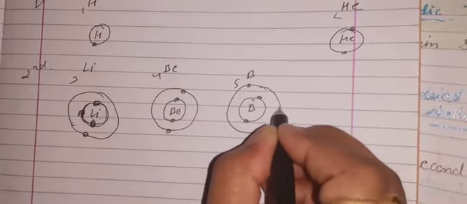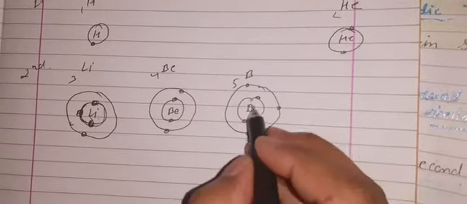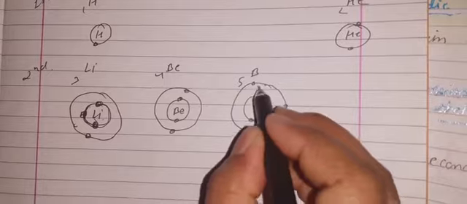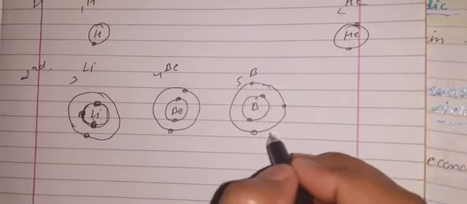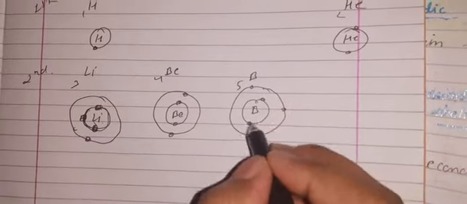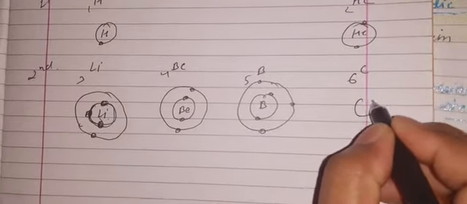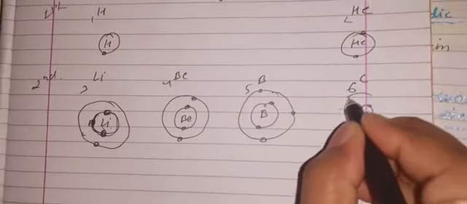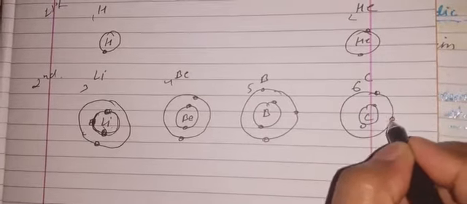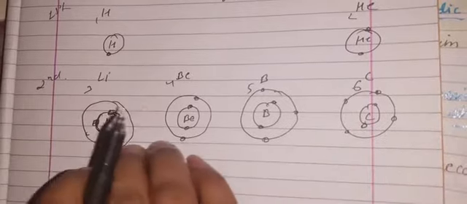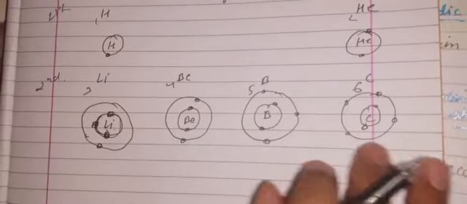You know that the maximum limit of electrons in the second orbit is 8, so we can show 3 electrons here. So how many cells? 2. Carbon's atomic number is 6. So in the first orbit 2 electrons, and in the next orbit 4. So total 6 is there. It means you can see in one period the number of cells is the same.